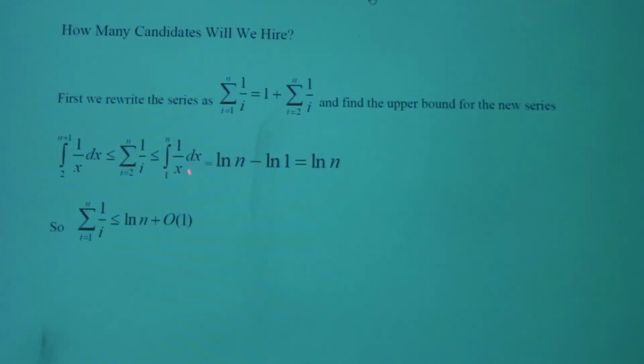And the lower bound can start here because it's decreasing, up to n plus 1. So that's the lower bound. The upper bound is nothing more than the integral of this, which is the natural log of x evaluated from 1 to n. So it's ln n minus ln 1, which is ln n. So that is our solution.